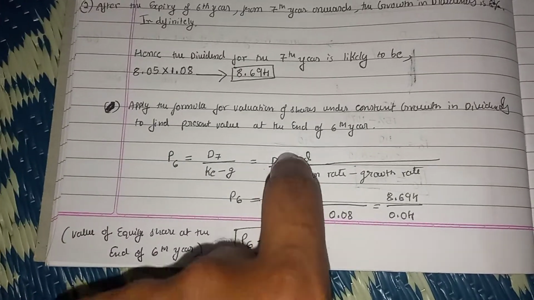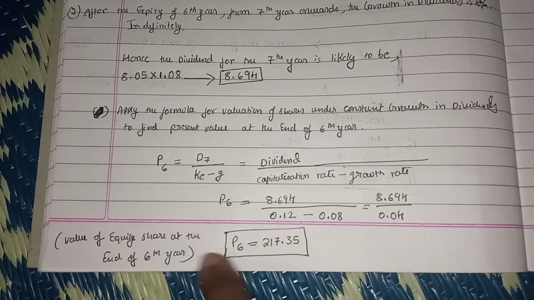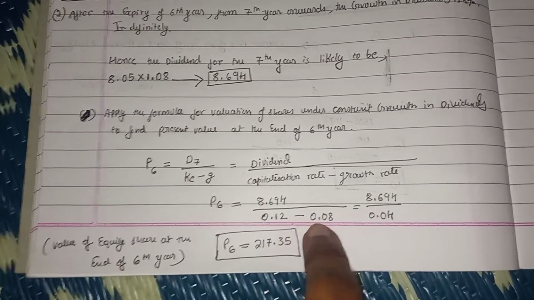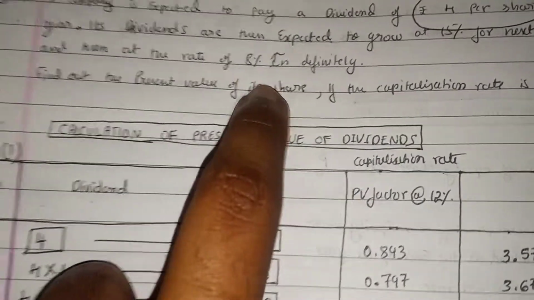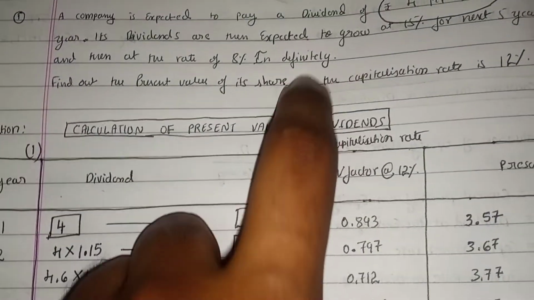If you substitute the values, you will get P6, that is the end of 6th year valuation of equity share, equal to 217.35. Here it is 0.08 because after the 6th year it is 8% indefinitely.